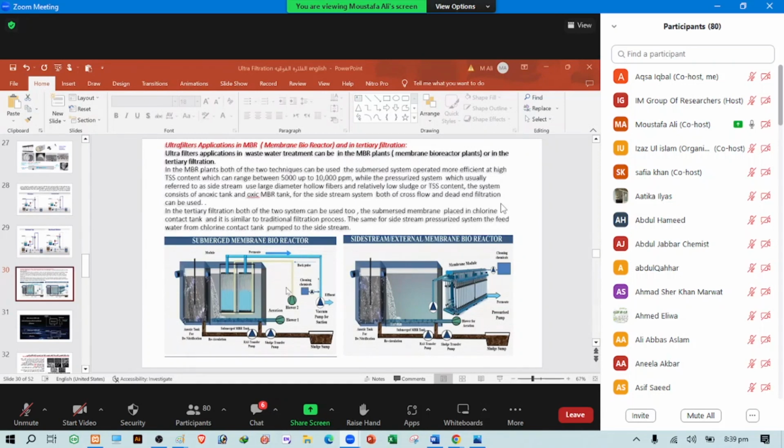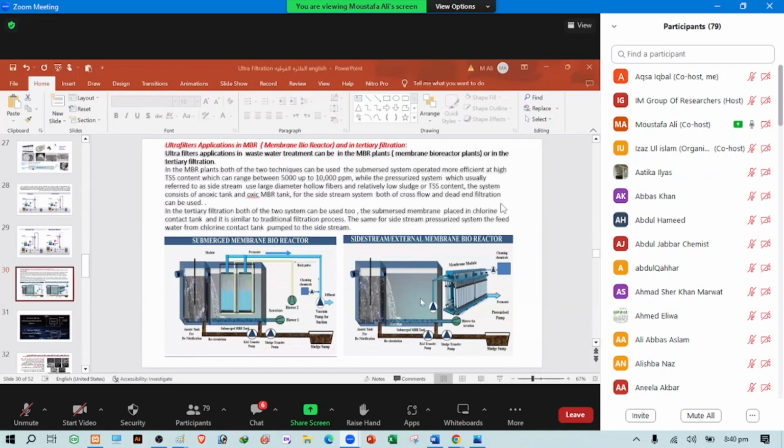For this reason, everybody doing MBR plants recommends the submerged system instead of the sidestream system. But I show it here because it is still possible, and with coarser hollow fiber tubes or membranes it becomes a little easier because you can go with higher TSS concentration relatively compared to the finer hollow fiber tubes.